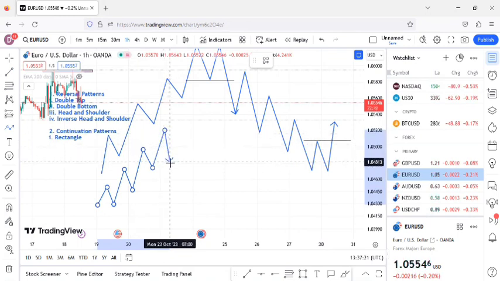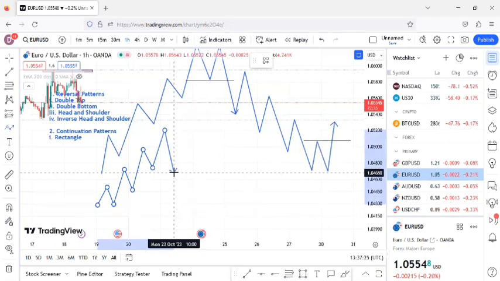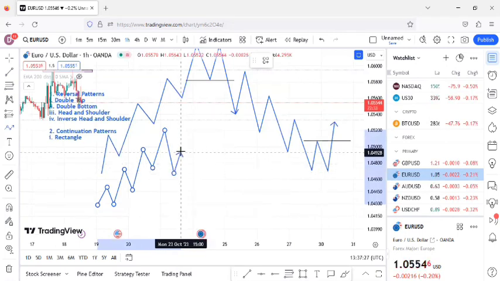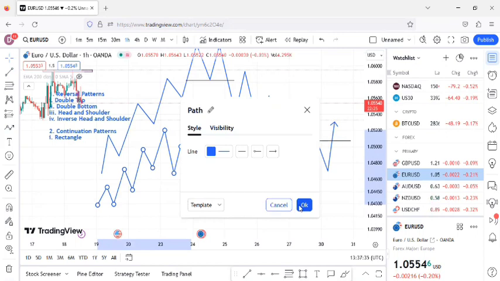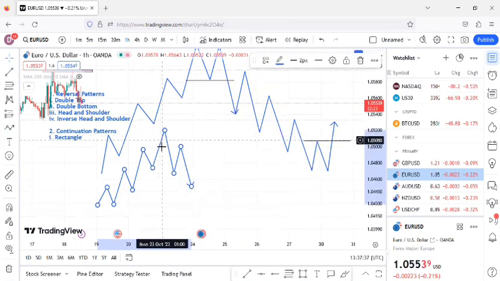Then all of a sudden, you have either an equal low or a little break. Then you have a lower high, then a lower low.